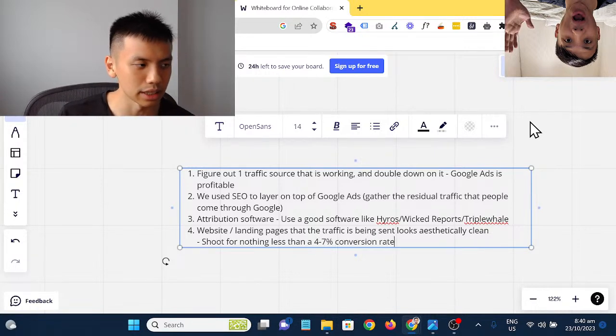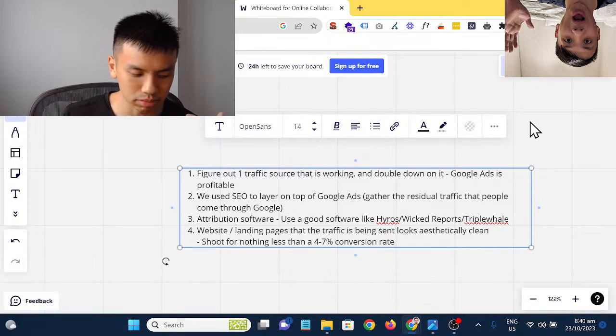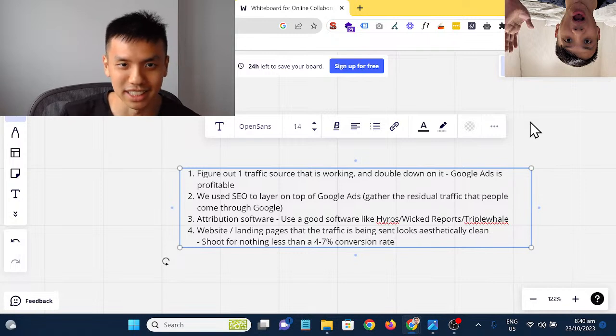Because anything lesser than 4 to 7% conversion rate on Shopify, right, will basically mean that either the website just looks crappy and it's not branded enough, quote unquote, aesthetically pleasing, or the navigation menu and the checkout page and all that kind of stuff is not easy to use, and the user experience sucks, right?